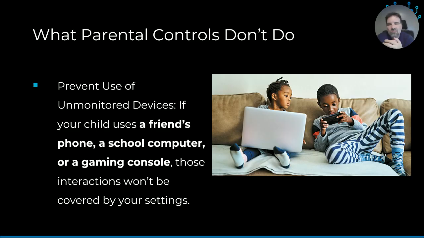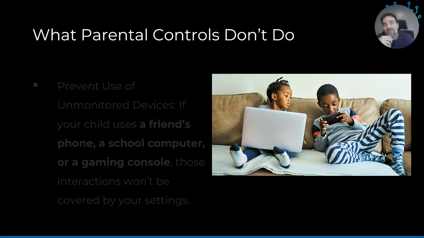And so the school environment is not as risky as a friend's house, right? Where they can have access to an older sibling's device or a notebook or a computer, right? So those are potential risks when your child goes to places where she will have access to other people's devices.